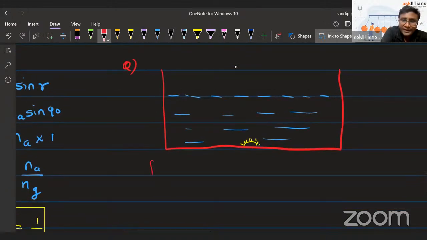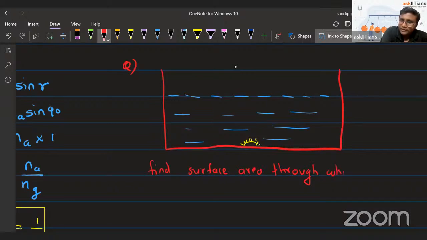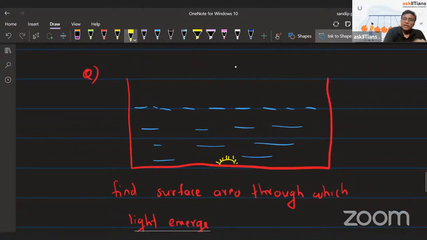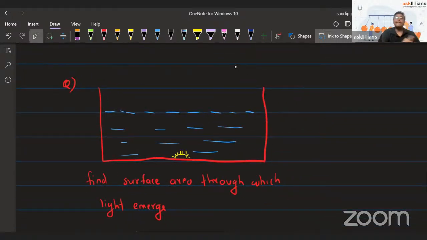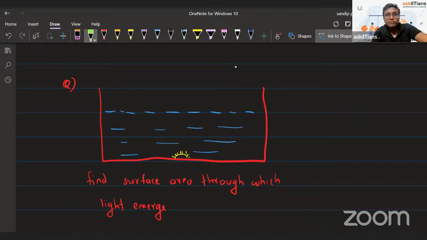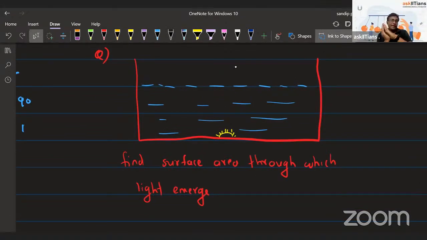The question says find the surface area through which light emerges. There is another way to ask this: they will say there is a fish here instead of a light source, and how much surface area can that fish see outside the water. The concept for both is the same.